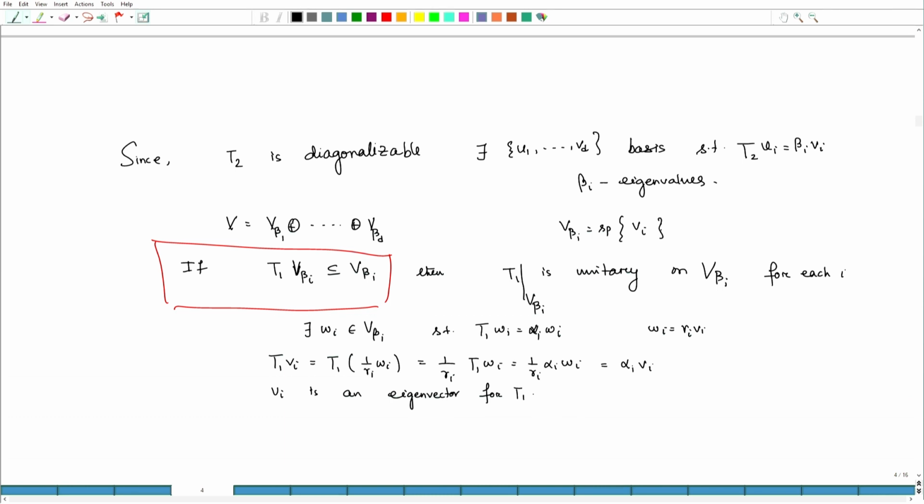So, obviously, they have common eigenvectors if this condition holds.